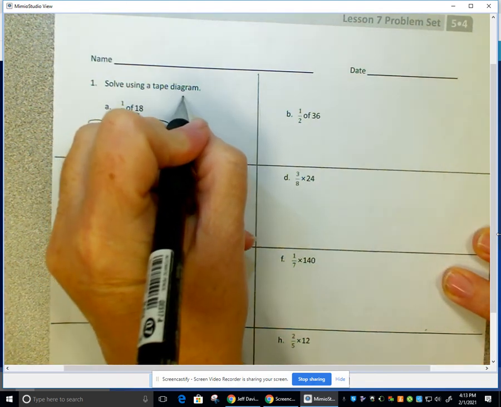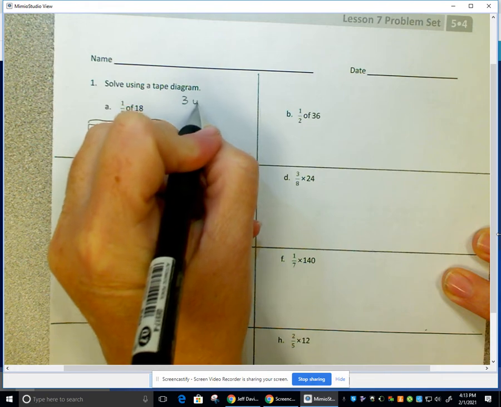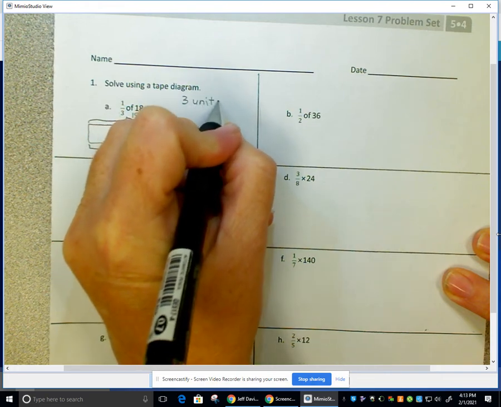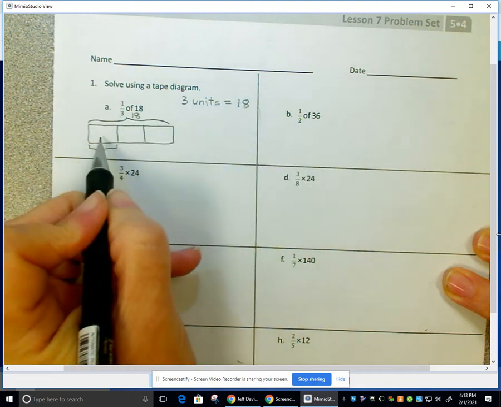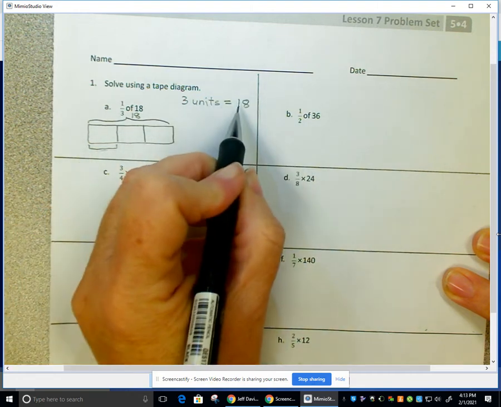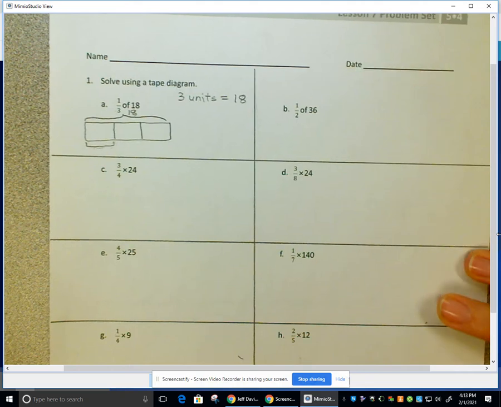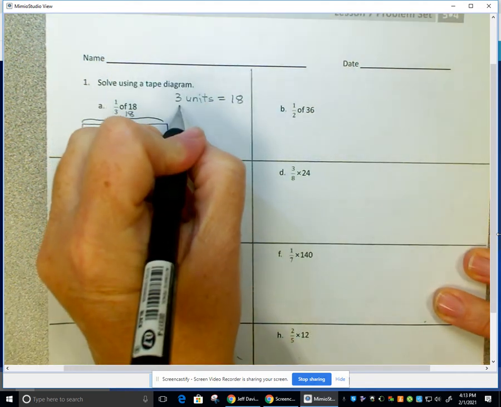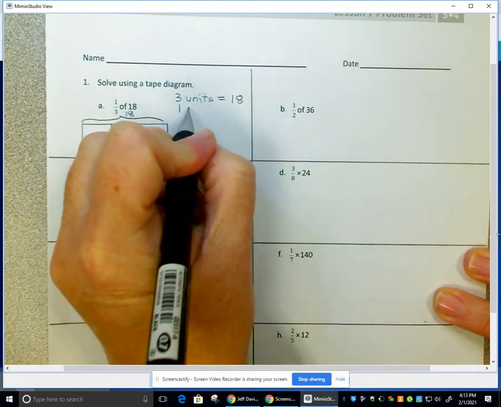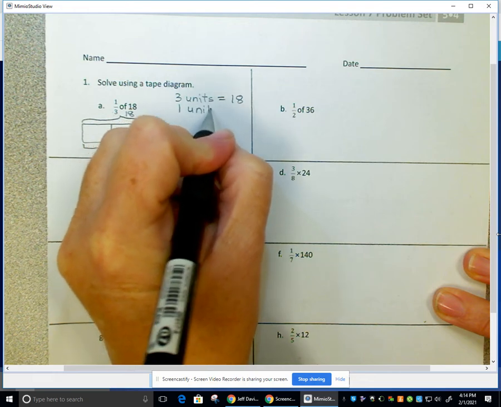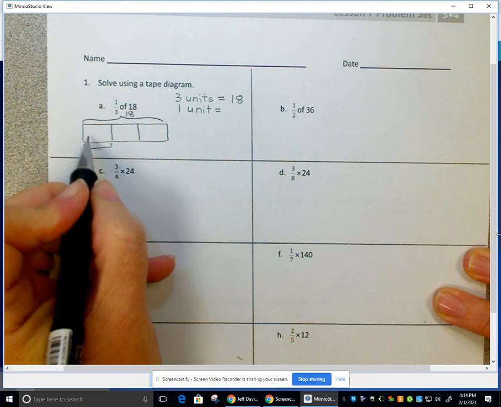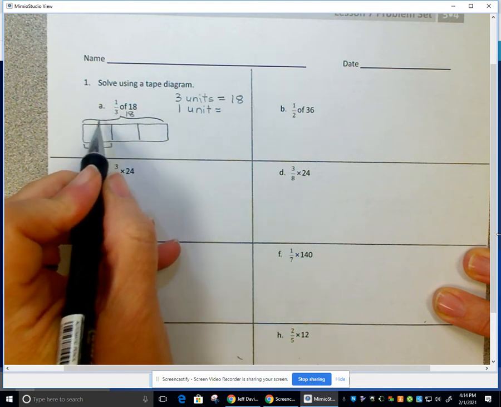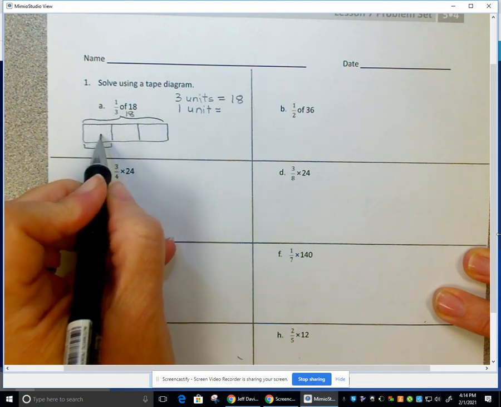So watch this. I've got 3 units. Write that with me. And we know that equals 18. That means all 3 together equal 18. 1 unit equals, to figure out what 1 is, I'm going to take this 18 and divide it by how many we have.